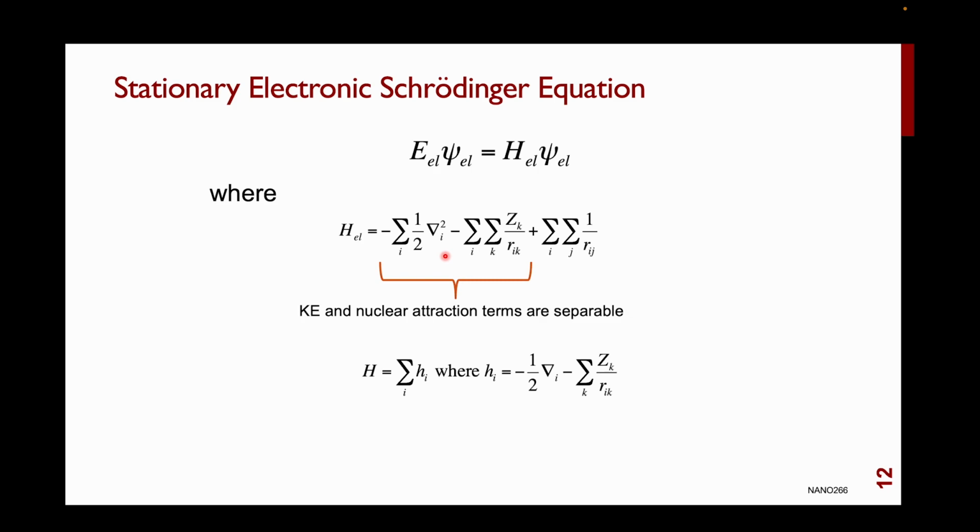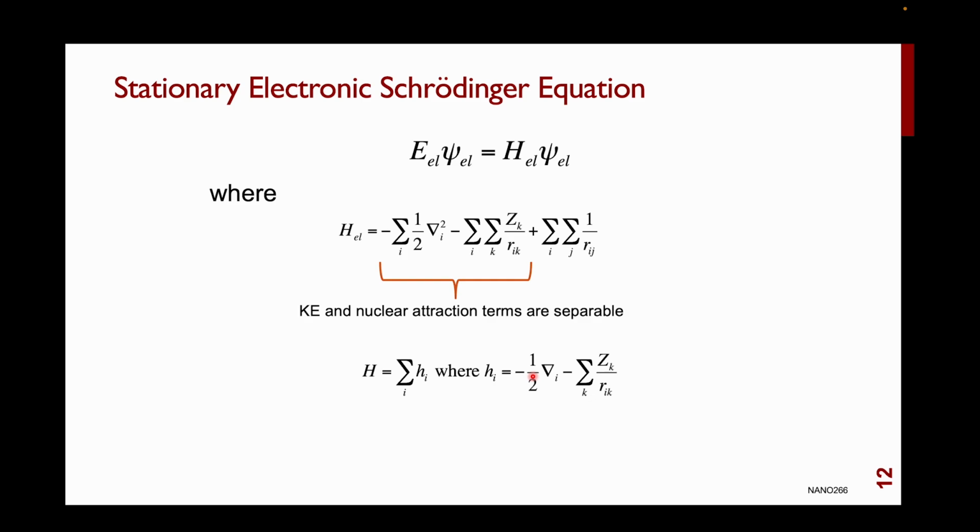In other words, we can separate it into a summation of individual terms for each electron. We can think of this part as a summation of lowercase h of i, where lowercase h of i is the kinetic energy, del squared, of the individual electron and the interaction between that electron and all the nuclei. So this is the interaction of one single electron with all the nuclei, and this is the kinetic energy of that single electron itself.